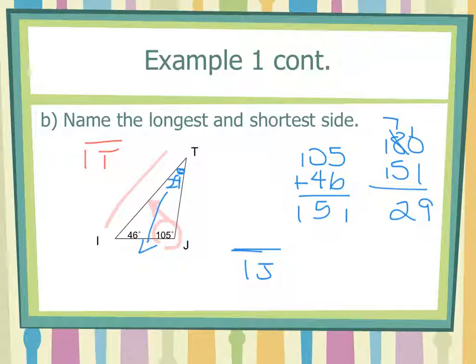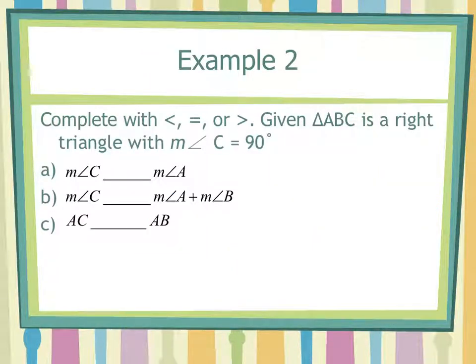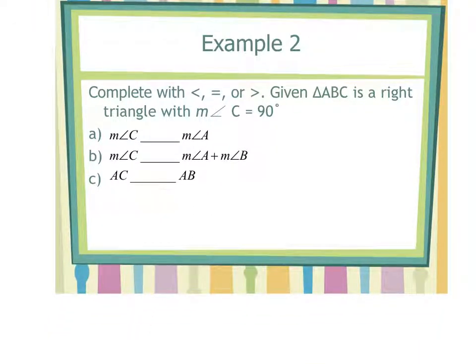All right, next one. It's asking us to complete these blank lines with either the less than symbol, the equal to symbol, or the greater than symbol. Now, they didn't give me a picture. I highly recommend you draw a picture so you have a nice visual here.